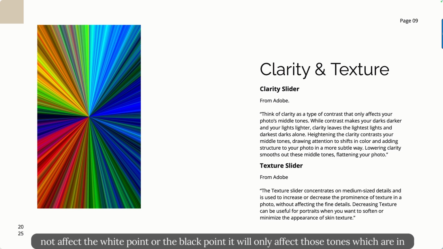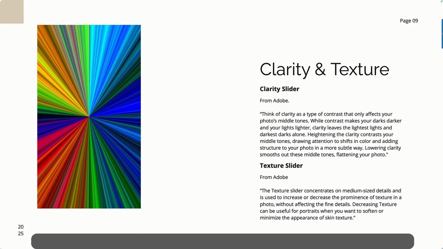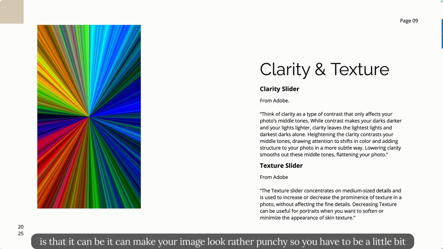It will only affect those tones which are in the middle, and it creates a kind of micro contrast. The thing with clarity, however, is that it can make your image look rather punchy. So you have to be a little bit careful when you're using clarity. Don't be over ambitious. I would say a little bit on the fine details.